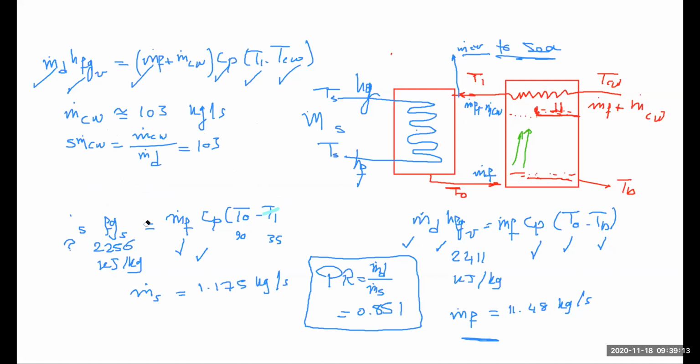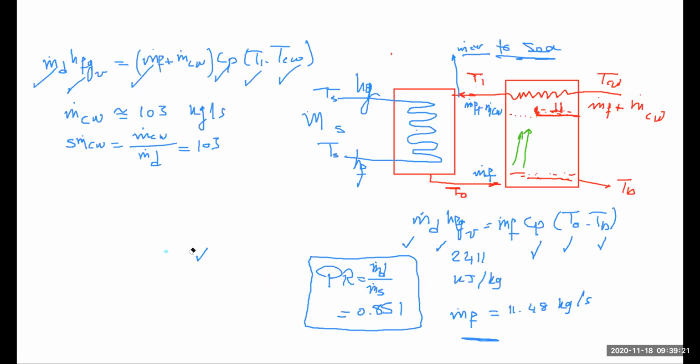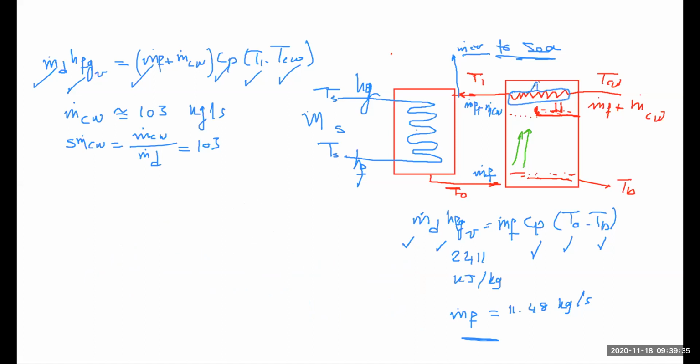I leave the brine heater for you, and I will go through the calculation of the heat transfer area needed for the stage, which is the tube bundle we have here.